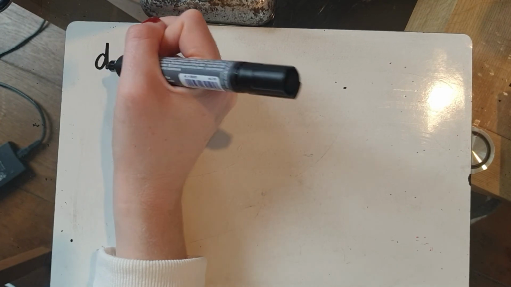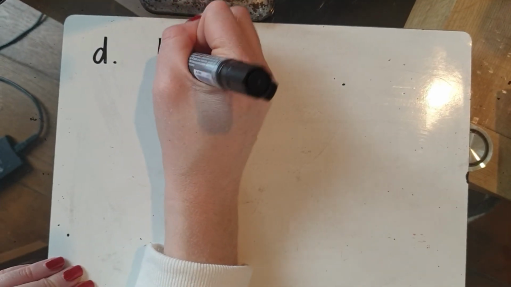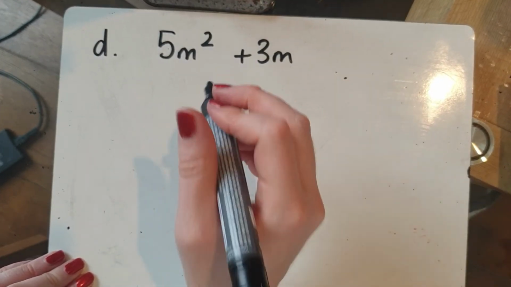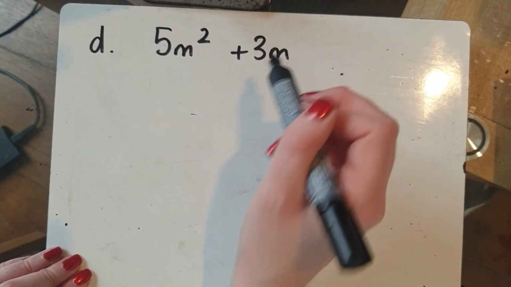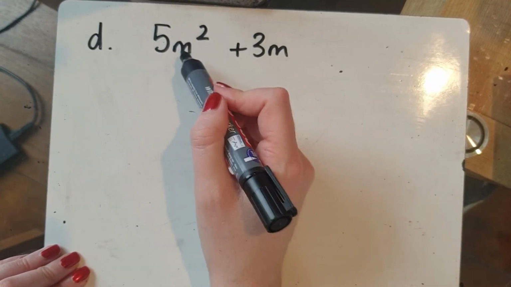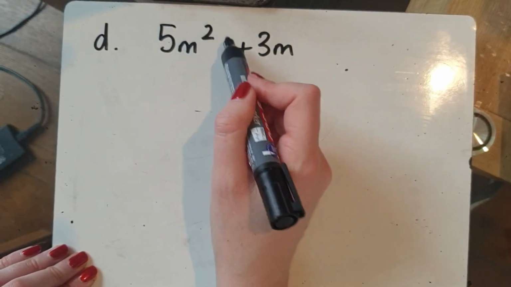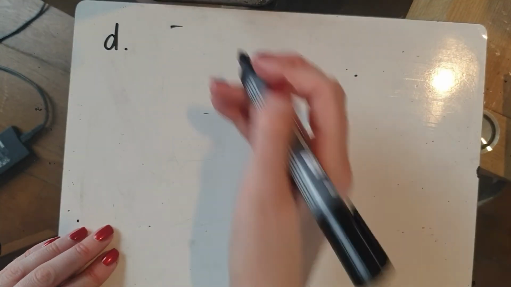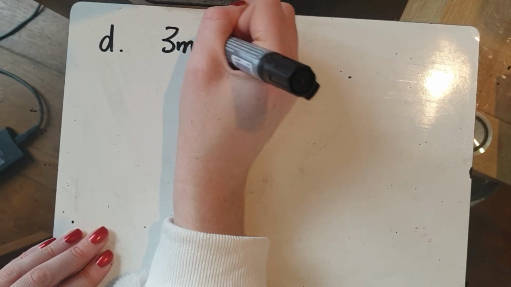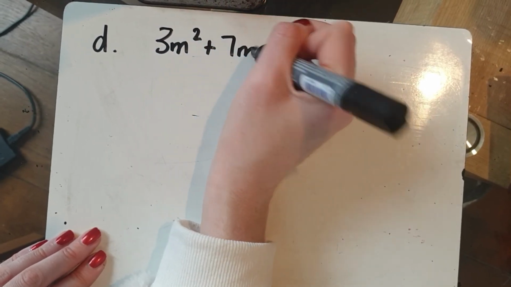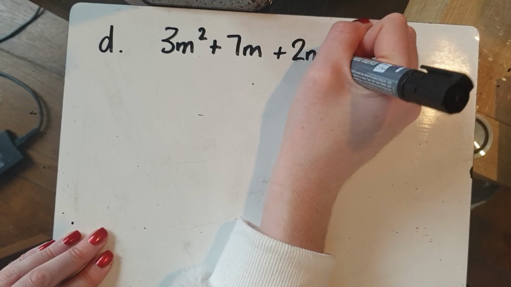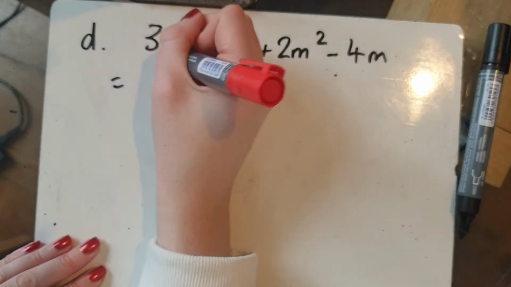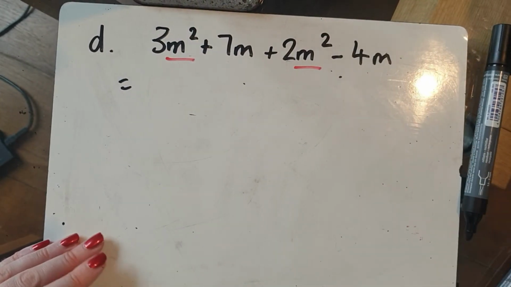Part D, you should have 5m squared plus 3m. Remember that m squared terms and m terms can't be combined. They have to have the same variable and the same power. So you had, I'm going to write this one out for you actually. You had 3m squared plus 7m plus 2m squared minus 4m. Now, this is m squared and this is m squared.